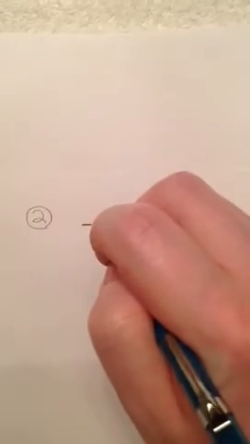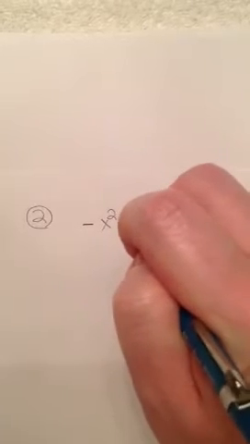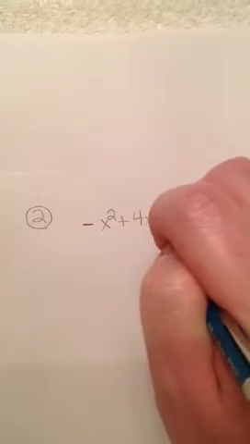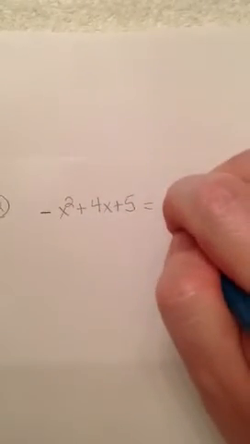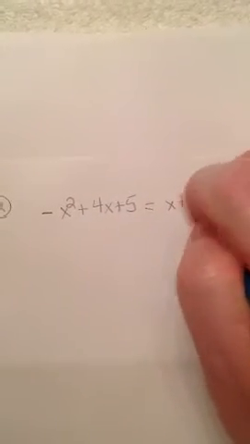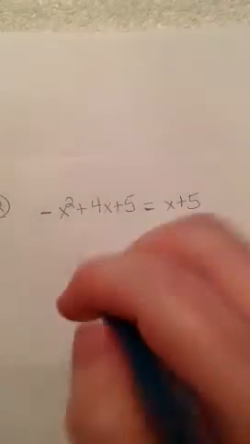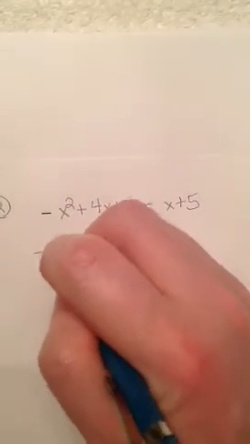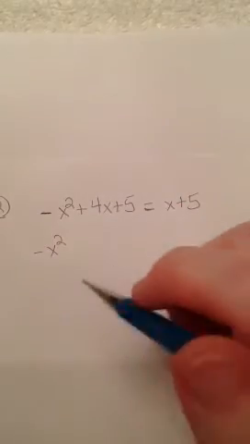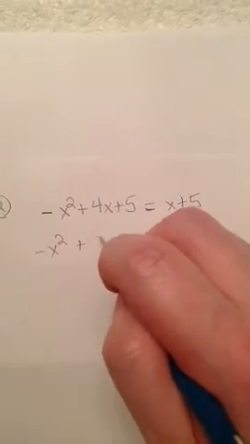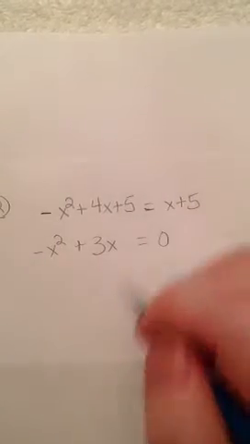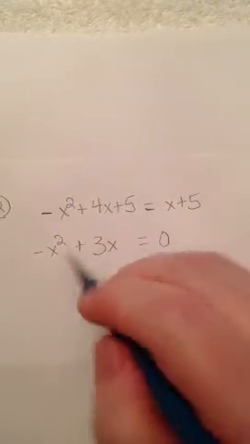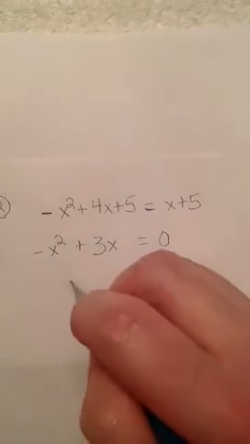Okay, so we have setting negative x squared plus 4x plus 5 and x plus 5 equal to each other. And setting this up gradually as a quadratic equation in standard form, we can undo the negative x squared by multiplying the whole equation by negative 1.